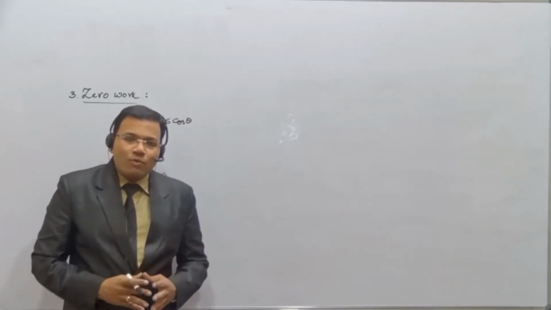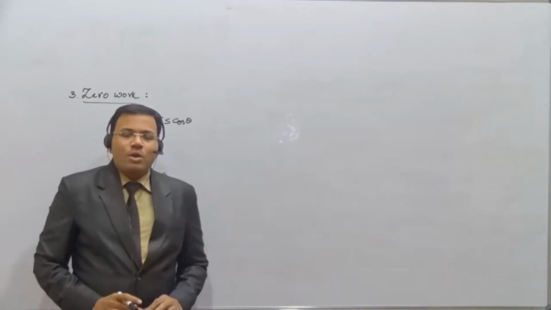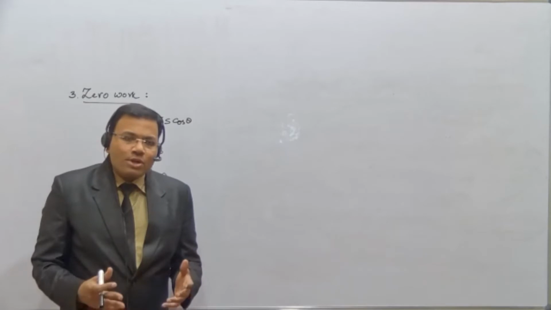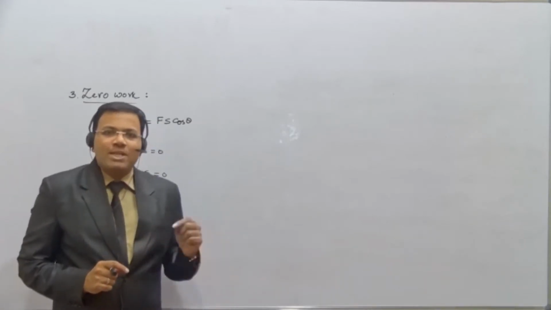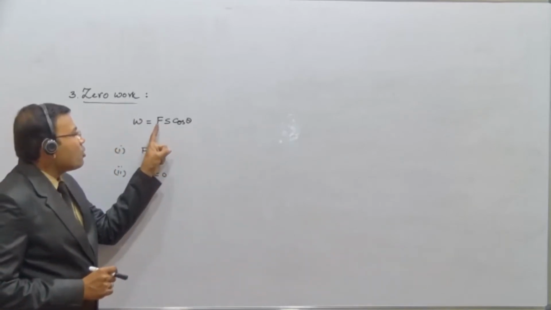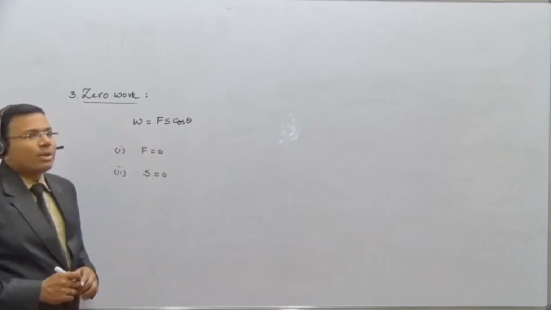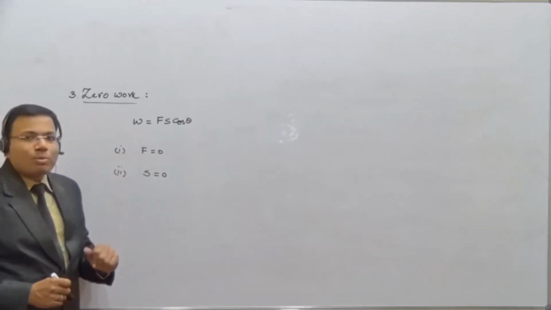Leave the example of the wall. Just go in front of a train or a truck and try to push it. What happens? Will it move by your force? No. That means the force is applied, but there is no displacement. Displacement is 0, force is there, but 0 into something is 0. So therefore work done will be 0. This is the second condition for the work to be 0.